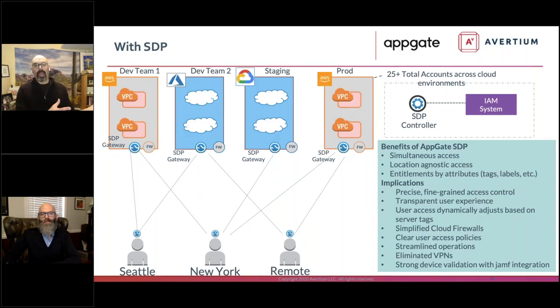This also simplified the cloud firewalls that were in place, because the firewall simply had essentially one rule, which was, hey, allow any traffic through as long as it's coming from the SDP gateway. And the actual dynamic policy enforcement was done by the gateway based on attributes of the user, but also attributes of the workload. So they utilized some of those metadata tags in those cloud environments to control which group or which team or which users had access to a workload. And they actually tied that into their whole DevOps tool chain.